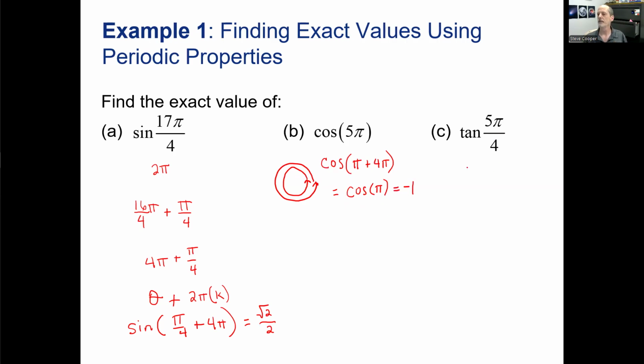All right, for tangent, now remember that the period here is just pi. So 2 pi was our period for both cosine and sine. But the period for the tangent is just pi, so we're going to have to think about this a little differently. So if I have 5 pi over 4, then I've gone 1 1/4 pi's, right? Because that's 5 pi over 4.